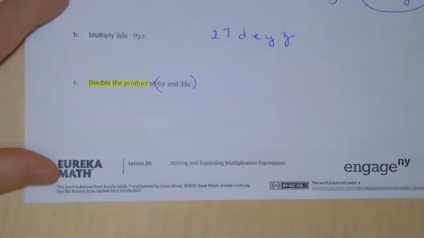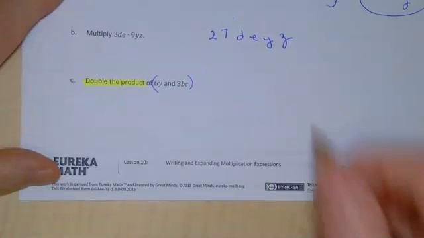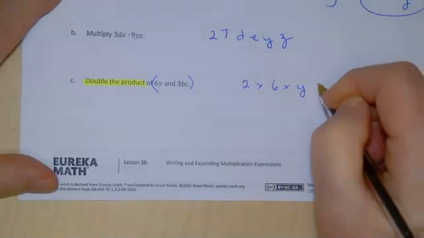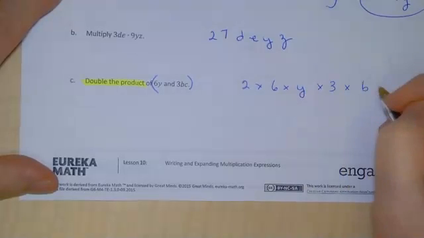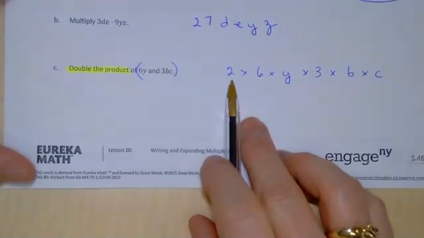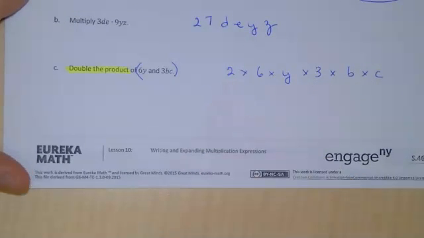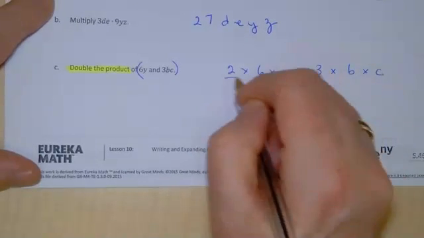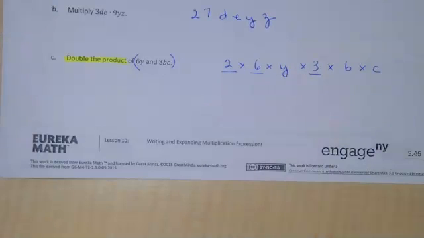So watch what we write. You ready? 2 times 6 times y times 3 times b times c. I just took all of it and I put them all in a line and I added a times by 2. Now let's combine the numbers first. 2 times 6 times 3.